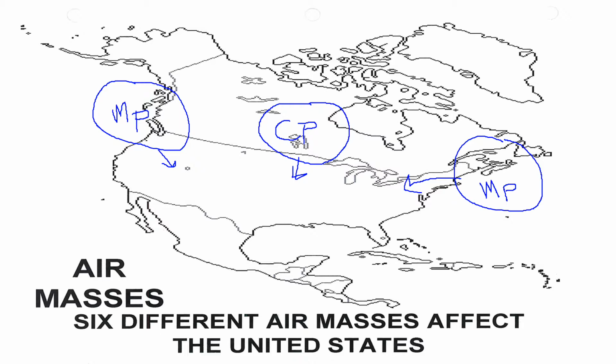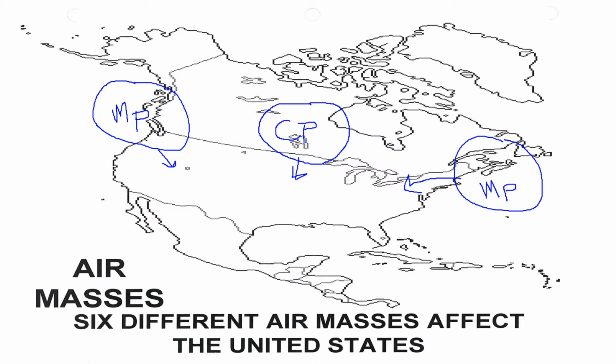Sometimes air masses will take over other air masses, push some of the other air masses out of the way, and be the more dominant air mass. The jet stream can control that, global winds can control that, or the movement of the air mass itself can control that. So the three polar air masses are two maritime polar on the outer edges of the United States, and one continental polar because that air mass is formed over land.